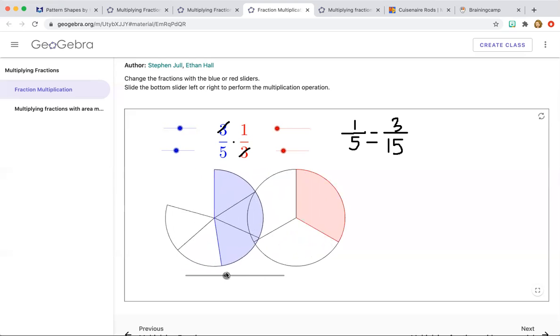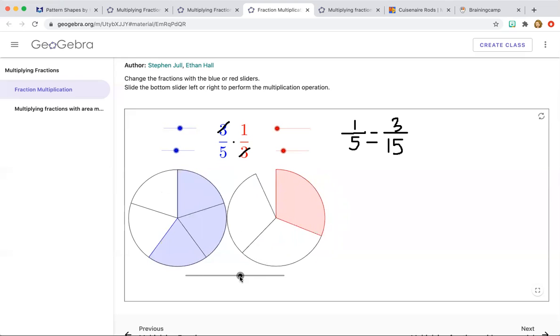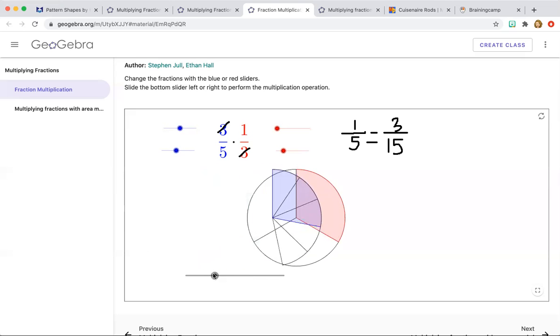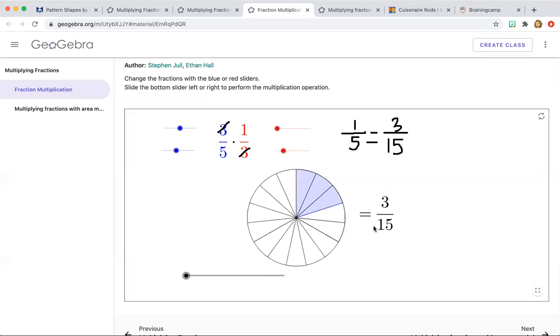This 3/5 means I'm taking my 1/3 piece, I'm cutting into 5 equal pieces, and I want 3 of them. That's what you can see right here. Here's my 3/5. I'm cutting into 5 equal pieces, and I want 3 of them, so I can keep going. It's going to show all of the equal partitions to show the 3/15.